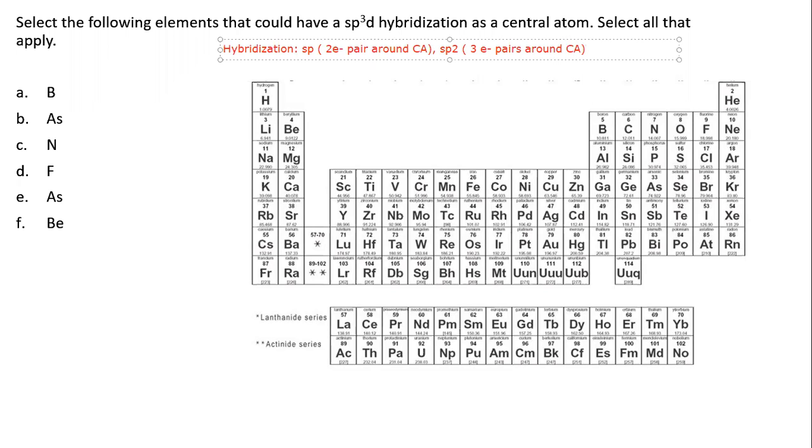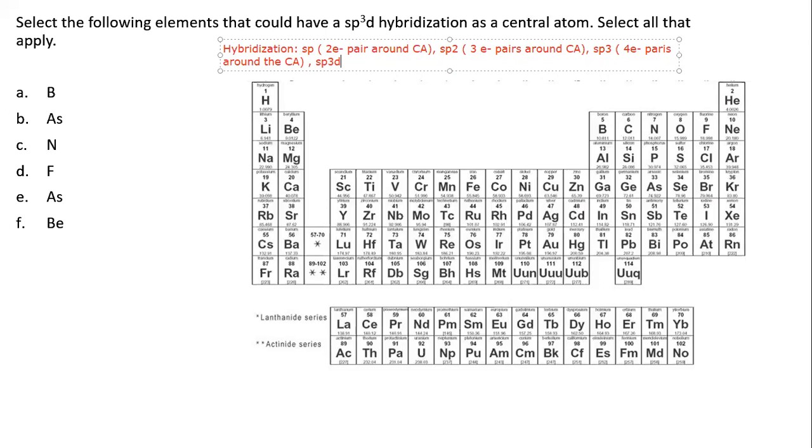Again, these can be a combination of both lone pairs and bonding pairs. sp3, 4 electron pairs. And also when you're dealing with hybridization, we count double and triple bonds as 1 electron pair.